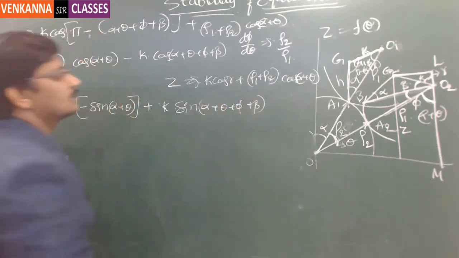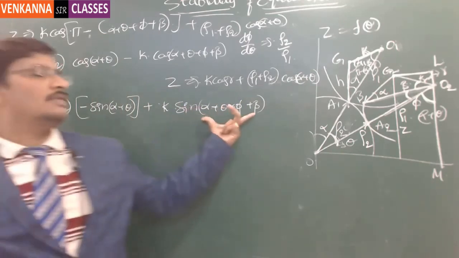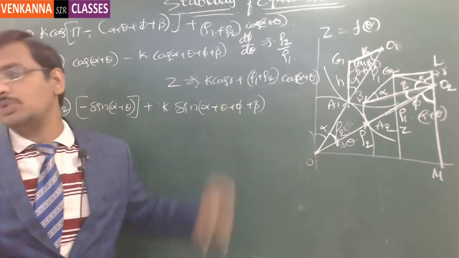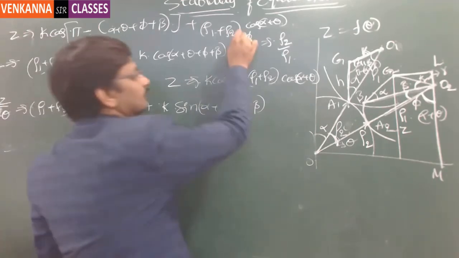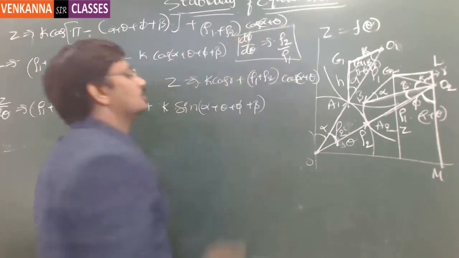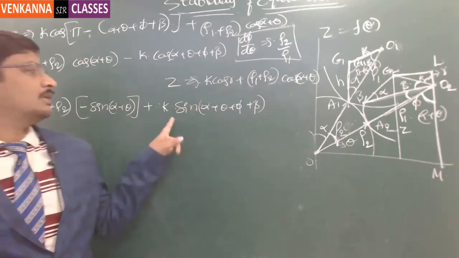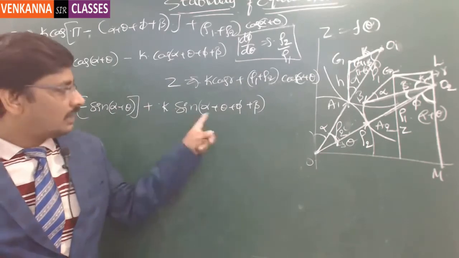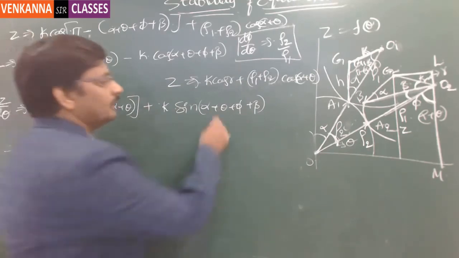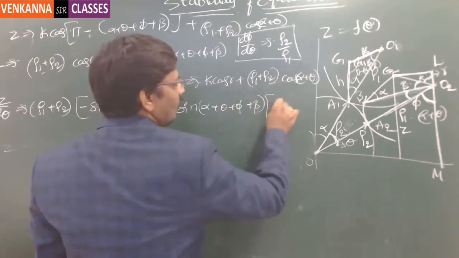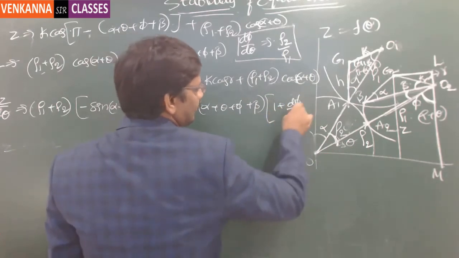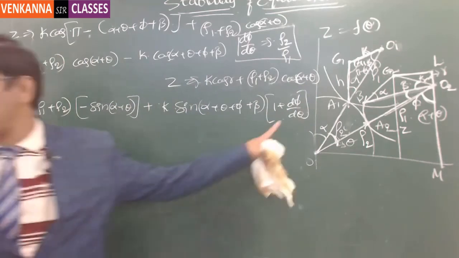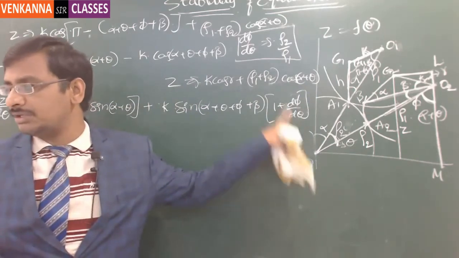But if you notice, alpha and beta are always constant, and theta and phi are related to each other based on this relation. So when you take the derivative, k times sine alpha plus theta plus phi plus beta, and the inner part derivative is going to be 1 plus d phi by d theta. This is what is going to come extra, because phi and theta are interrelated depending upon this relation.